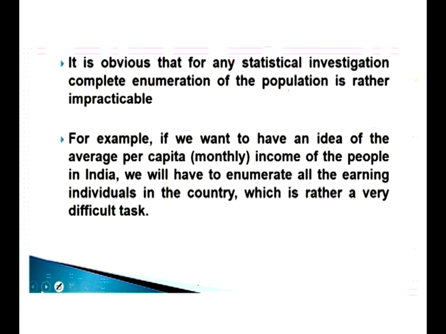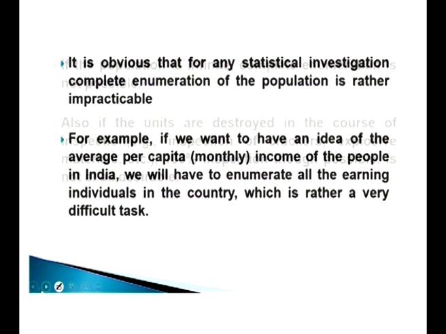In a statistical investigation, complete enumeration is sometimes not possible. For example, if we want to have an idea of the average per capita monthly income of the people in whole India, then think about the population in India. We will have to enumerate all the earning individuals in the country first of all, which is a very difficult task.